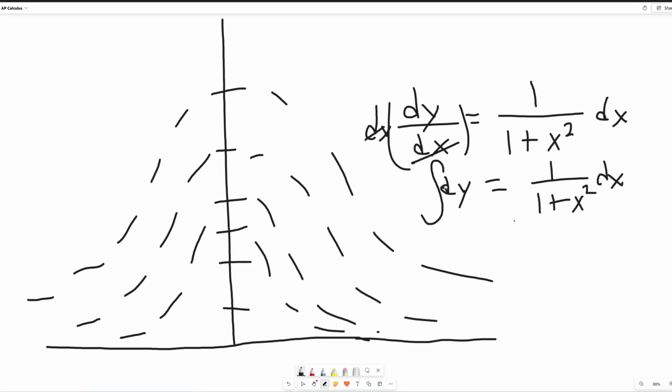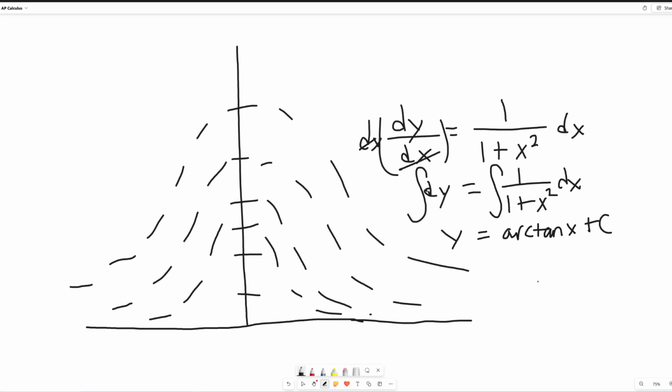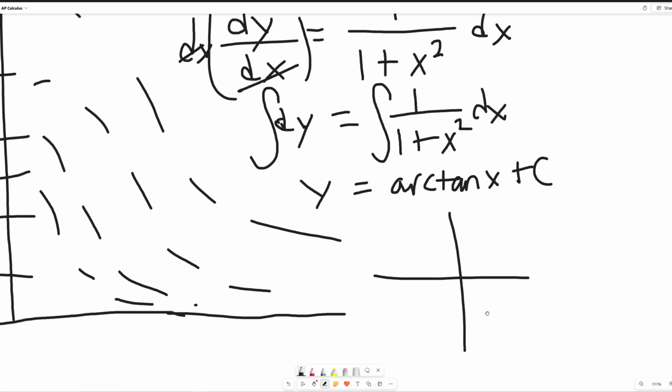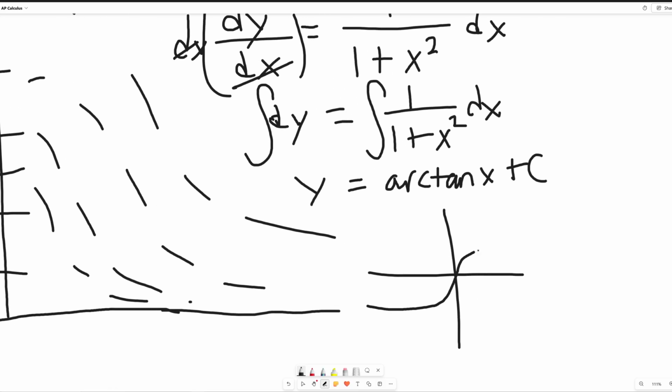Then when you integrate both sides, you have y equals arctan of x plus c. So if you know what arctan of x looks like, which you should, arctan of x looks like this.